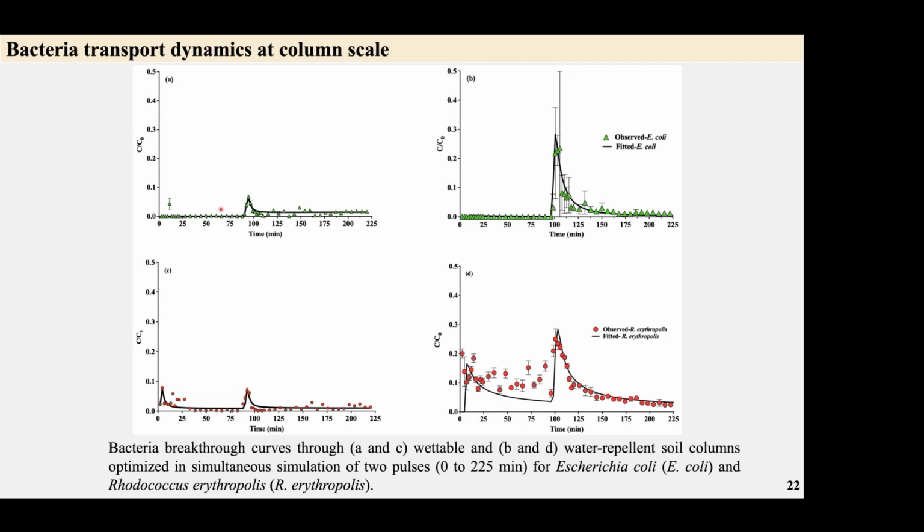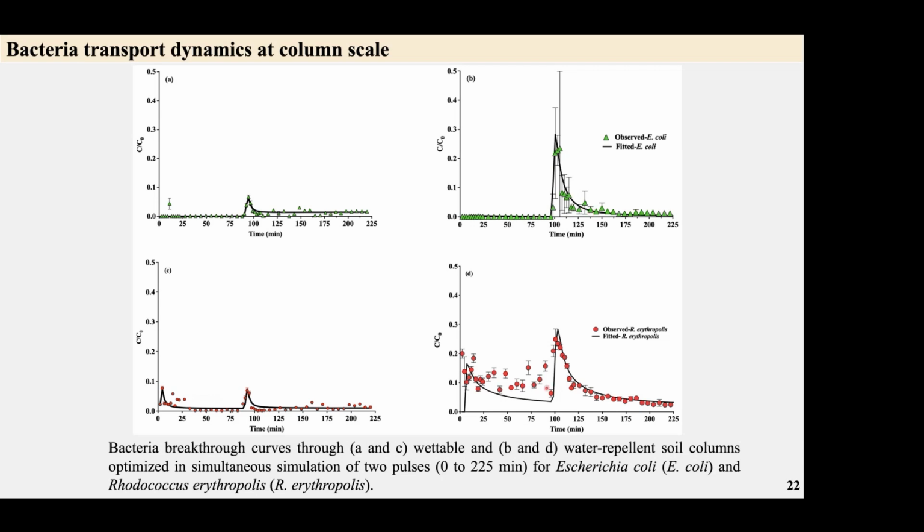Very nicely, we were able to model bacteria transport in natural wettable soil, while we have very high retention. But interestingly, we were also able to model E. coli transport through water-repellent soil for both pulses, although we have such changes in concentration.